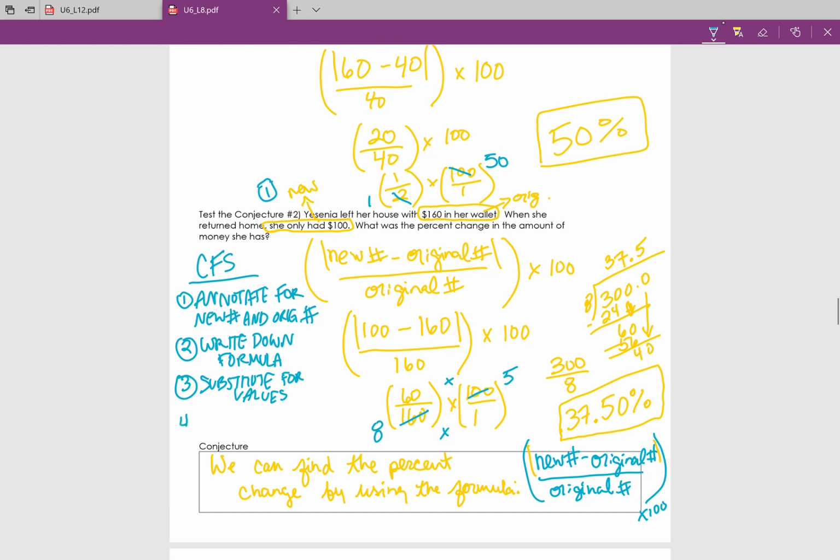And then fourth, we're going to answer in terms of a percent. So you don't have to move a decimal or anything since we're multiplying by 100. All you have to do is make sure that you put this percent sign at the end. And that's it.